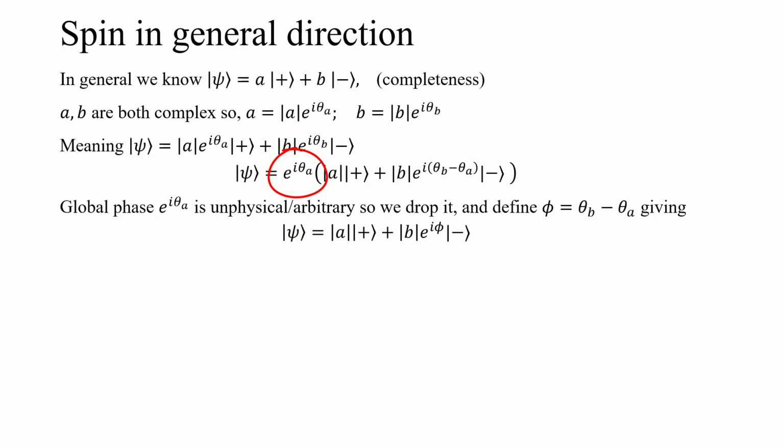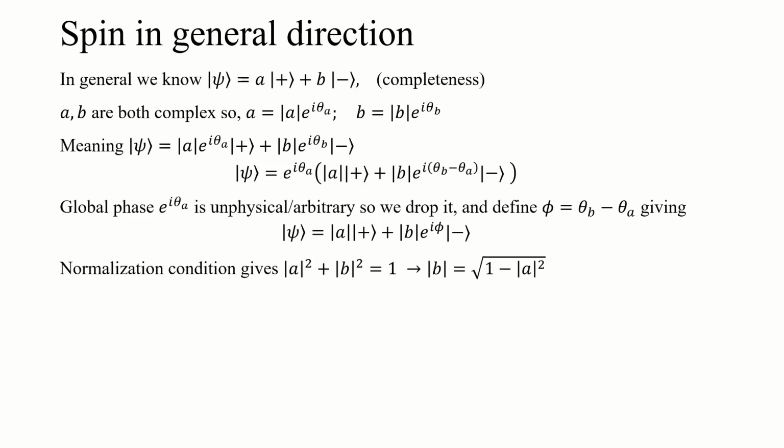So we can factor that out and just get rid of it, and we're left with just this relative phase phi, and we can write that generalized ket, psi, as a spin up plus b e to the i phi spin down. Now, we haven't really done much here. We've just done some mathematical rearranging.